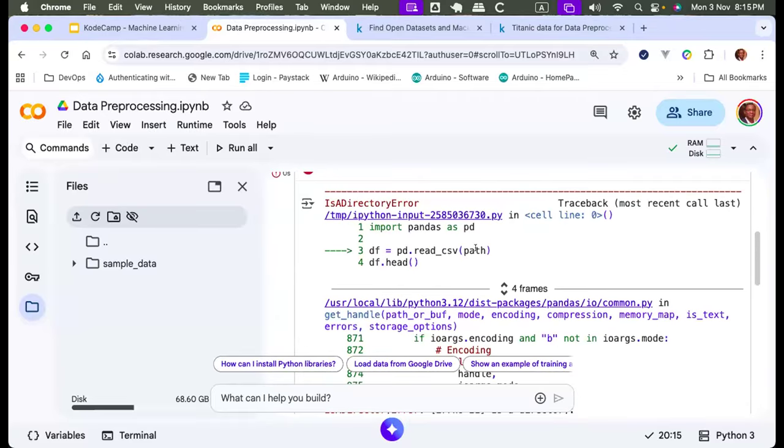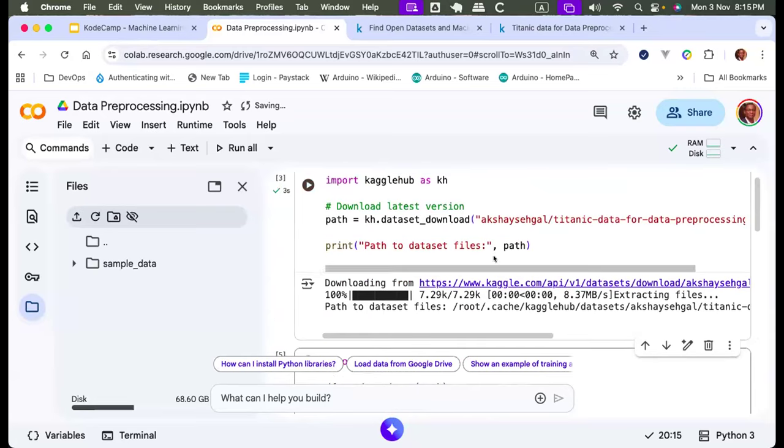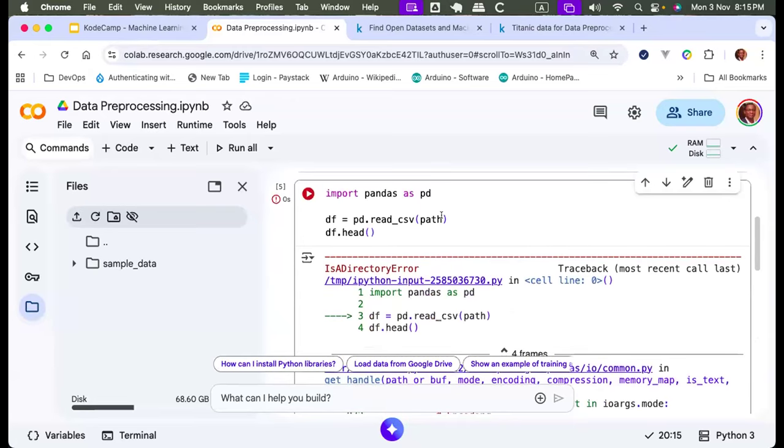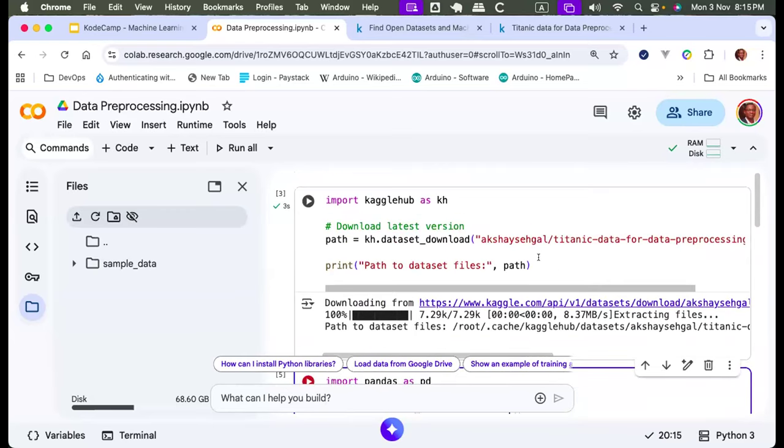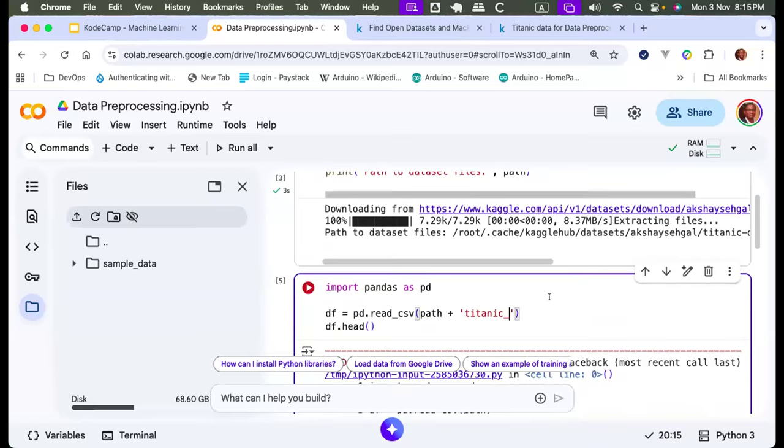So to go back to what we're supposed to do, we're supposed to append the name, which is Titanic_data.csv. So this is a file. So I'm going to run this.